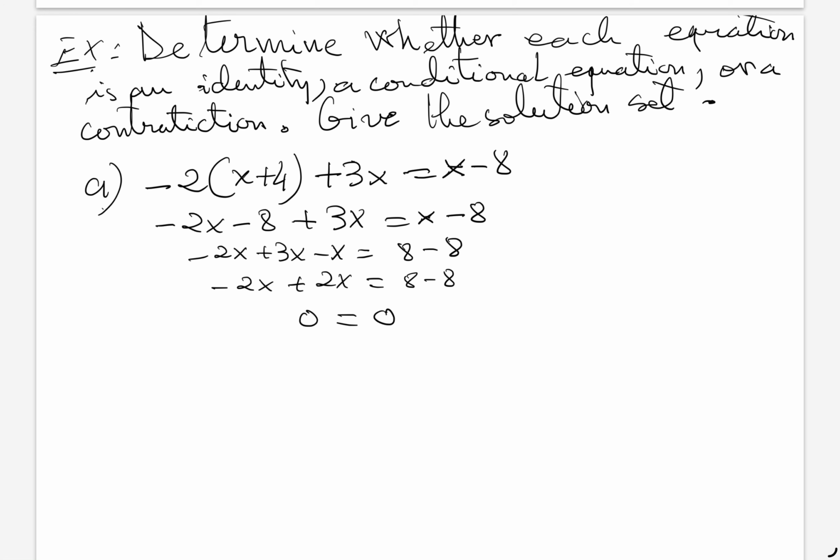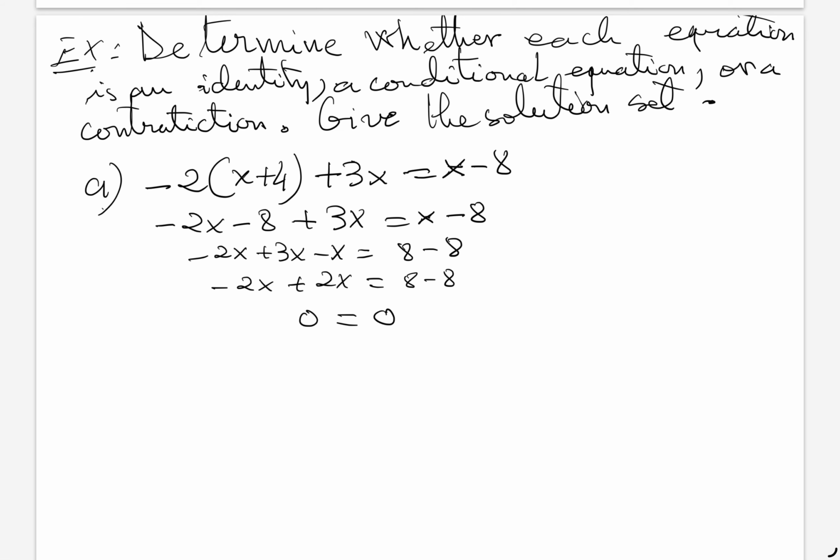So if 0 is equal to 0, by definition, what you should say is that the statement is true for all real numbers, okay? The statement is true for all real numbers, so that means the equation is an identity. And the solution is the set of all real numbers. Beautiful math.